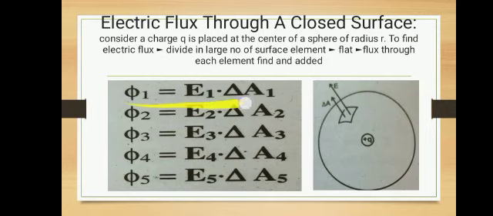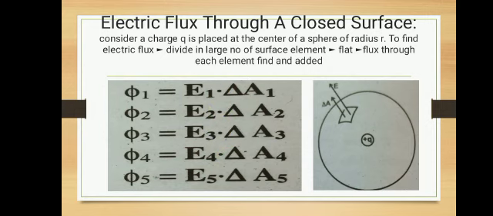As you know, the formula of flux is E dot A. The electric flux through patch 1 is phi 1 equals E1 dot delta A1, through patch 2 it is phi 2 equals E2 dot delta A2, through the third patch phi 3 equals E3 dot delta A3, and through the fourth patch phi 4 equals E4 dot delta A4. Always remember the dot sign.